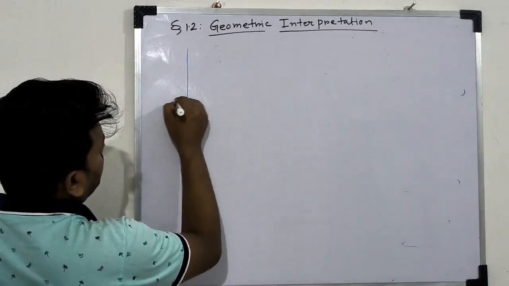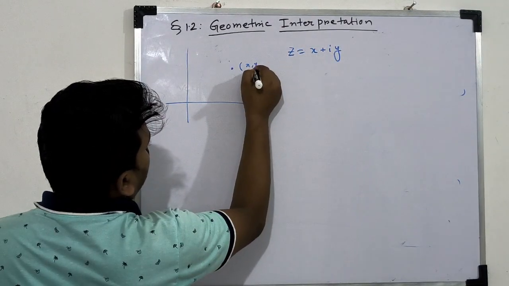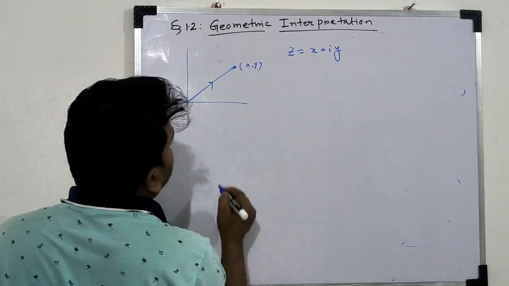So any vector z equal to x plus iy, that is (x, y), can be written as a vector.